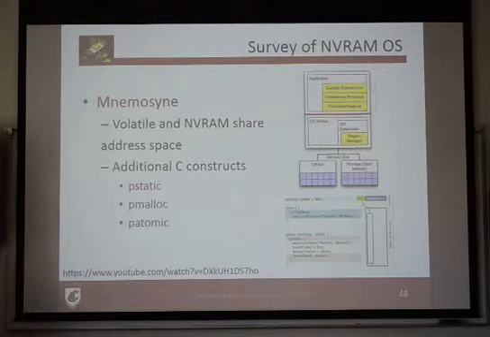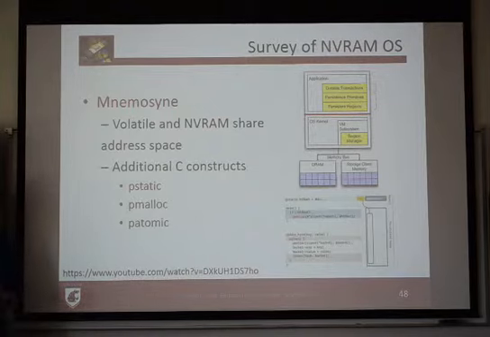NEMOC is a system made by University of Wisconsin, which are really big players in this NVRAM OS research. They're working with HP Labs directly in this type of subject, so they're kind of ahead of this area.